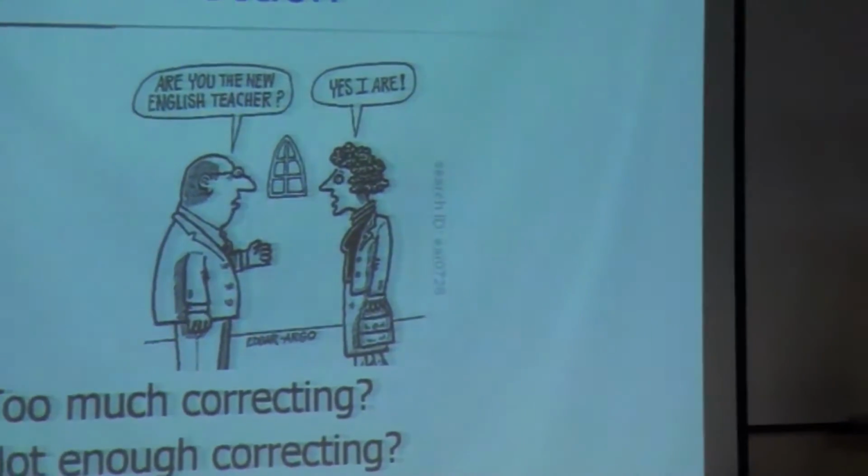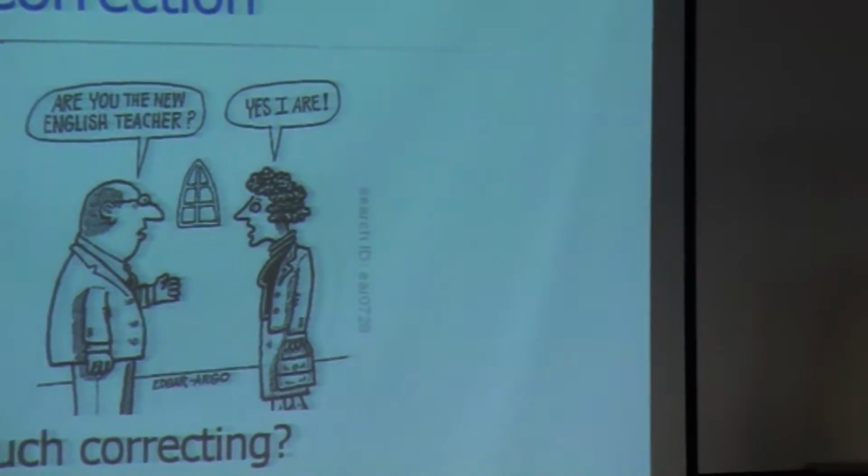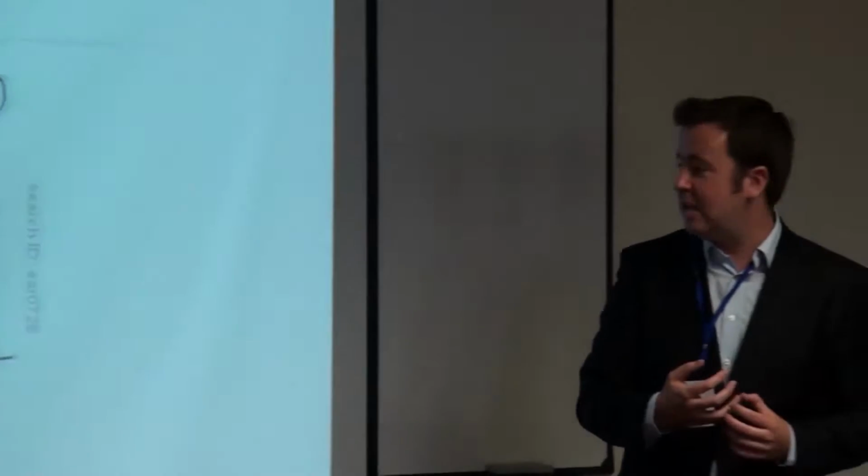Some people are just much more susceptible to being corrected than others, and then other students might come and they might feel that their teacher doesn't correct enough, because of course with language teaching we need to have an element of free practice as well, which is the way the language is used in a natural way.